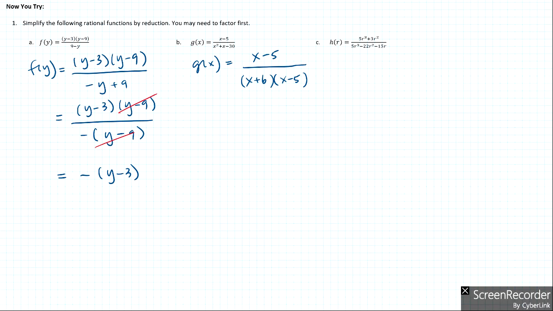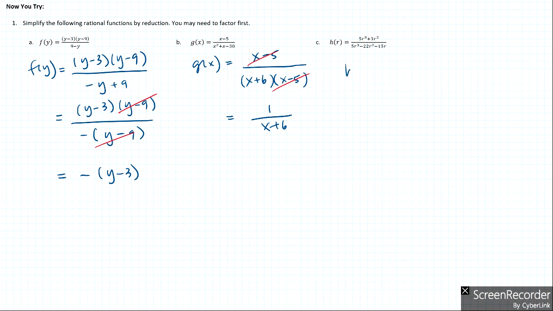Once we do so, you will see x minus 5 is a common factor on top and bottom. We would just have x plus 6 left on the bottom, and on top we have everything cancelled out, so we're left with a factor of 1, because 1 times x minus 5 retains its own value, and that's going to be the reduced form.